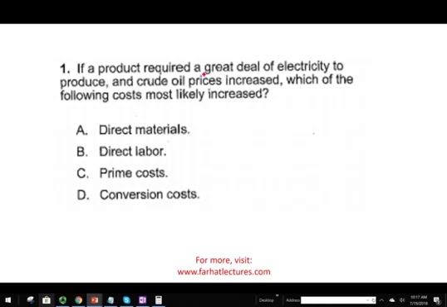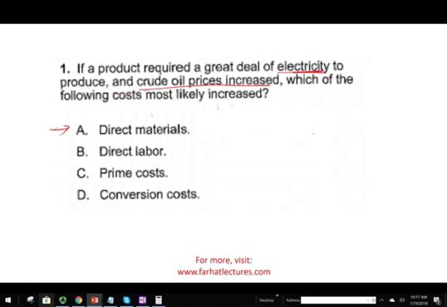If a product required a great deal of electricity to produce and crude oil prices went up, which of the following costs most likely increase? So we're producing a product and electricity went up. Would direct material be affected? Well, anything could be affected, but looking at this limited information, what is direct material?